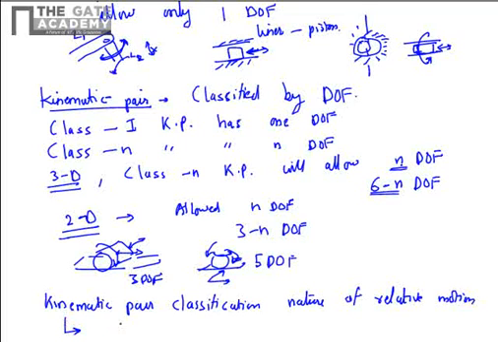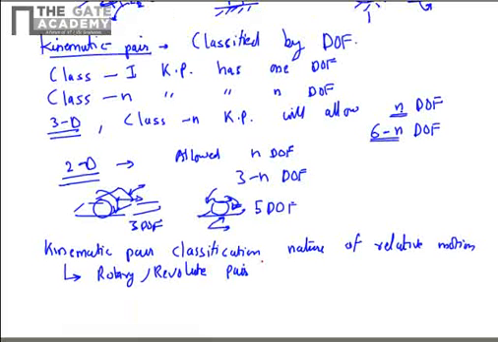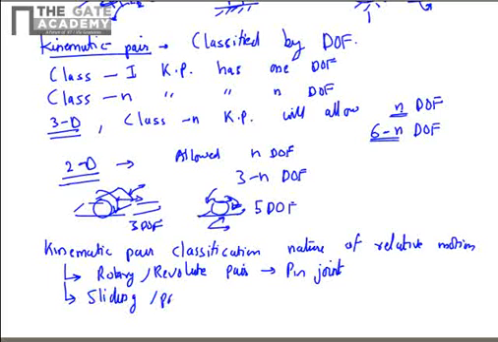Like this, they can be classified as a rotary pair or revolute pair. The example would be a pin joint. We have sliding or prismatic pairs. The example would be the sliding joint.